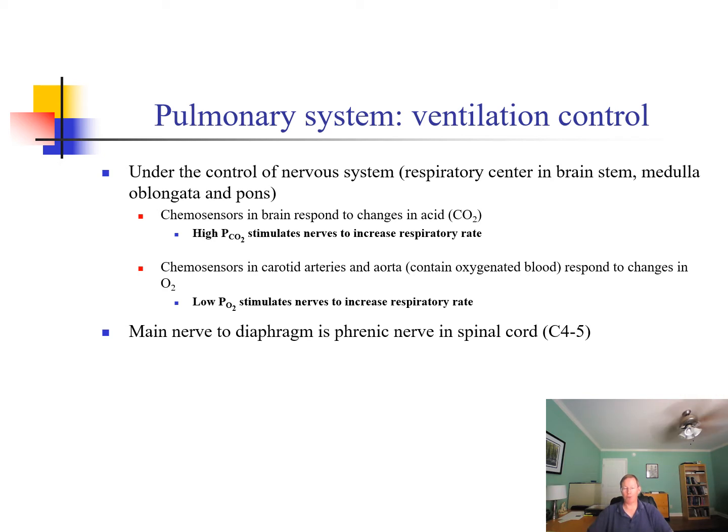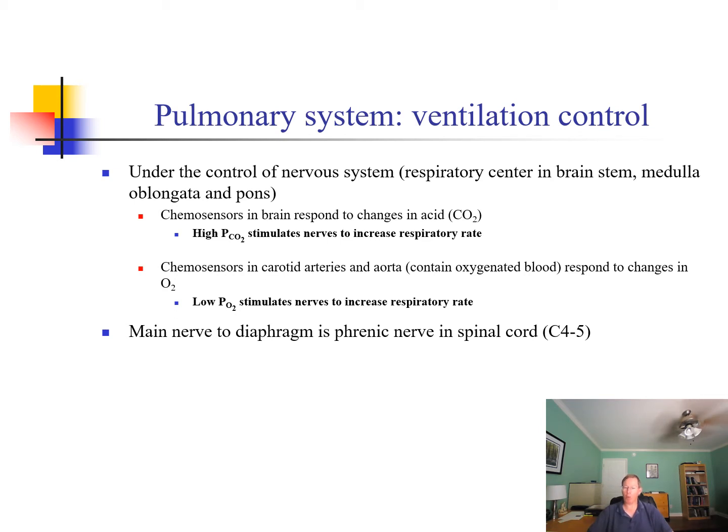Now, if I'm breathing at a normal rate, and the reason that I'm not oxygenating has nothing to do with breathing too slowly, breathing more rapidly won't change my level of oxygenation. But if I were passed out, if I were hypoventilating, then this low oxygen level will actually be beneficial to me, because this increase in respiratory rate will increase ventilation and hopefully increase oxygenation as a result of that hypoventilation.